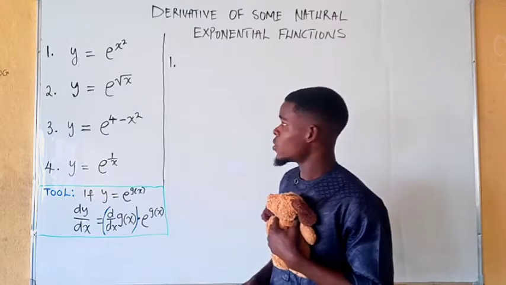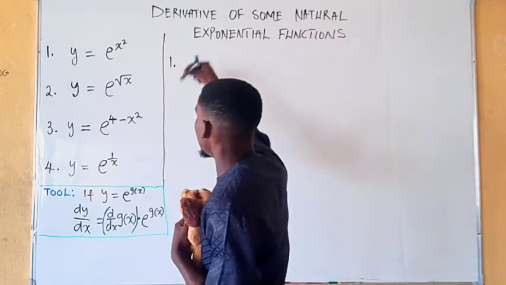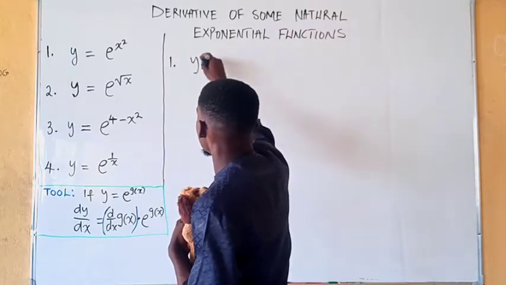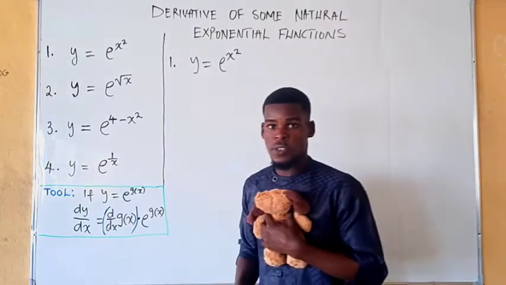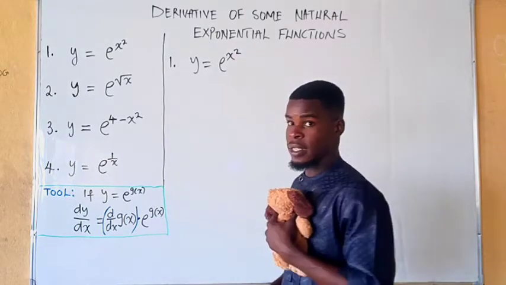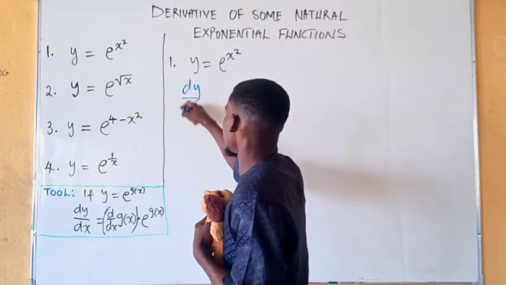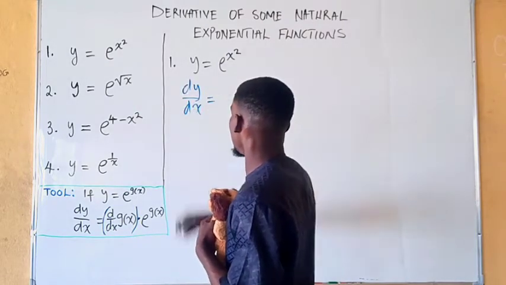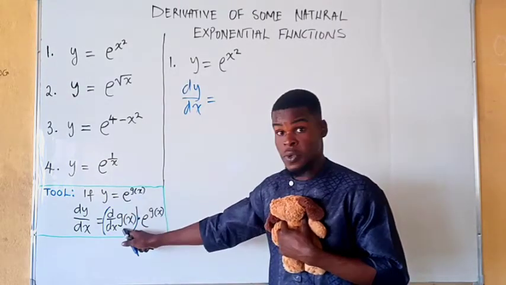Let's look at the first example. We have y equals e raised to the power of x squared, and we want to differentiate that function with respect to x. Whenever we have a power, we first differentiate that power.